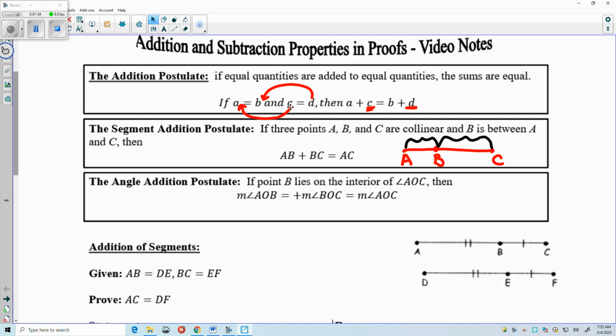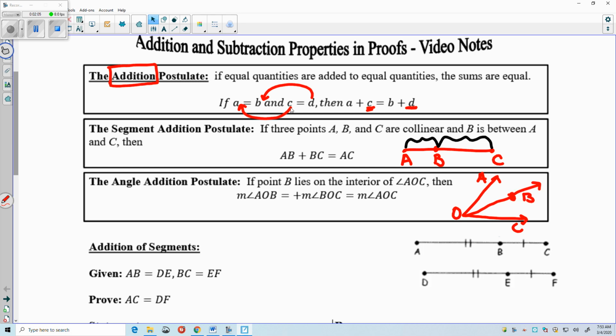Same idea when we get to angles. So we have the angle addition postulate. And notice the difference in the statements. This top one was just the addition postulate. The next one was the segment addition postulate, and then the angle addition postulate. So your point B lies on the interior of angle AOC. I'm going to draw angle AOC. Point B is hanging out somewhere on the inside, right there.